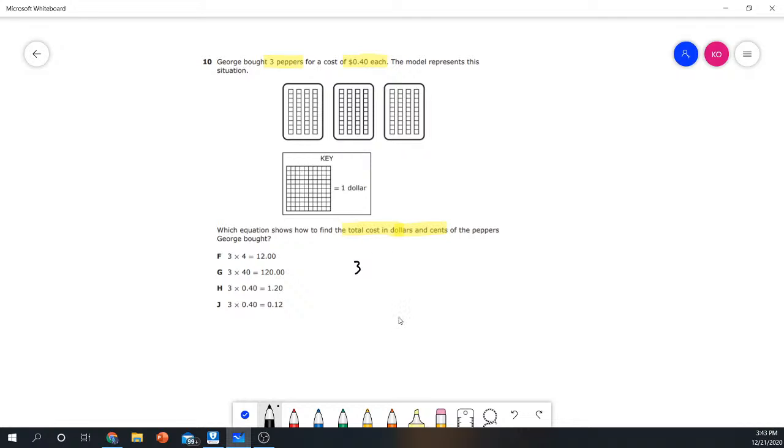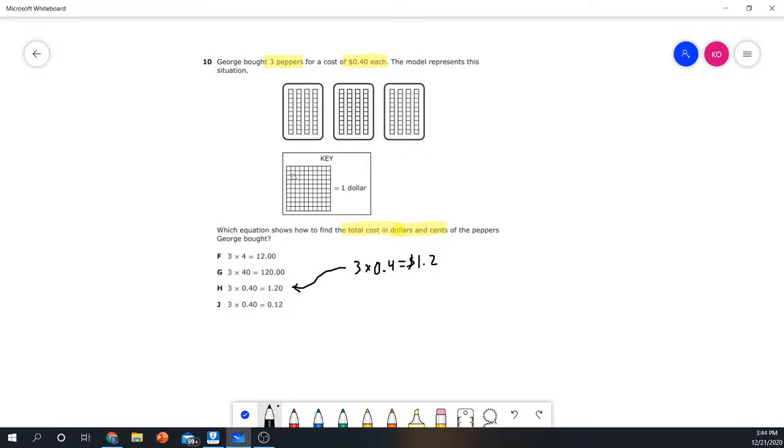So 1 pepper would be $0.4, 2 peppers would be $0.8, and 3 would be 3 times 0.4, which would equal 1.2. And we see that right here, $1.2. H would be our answer.